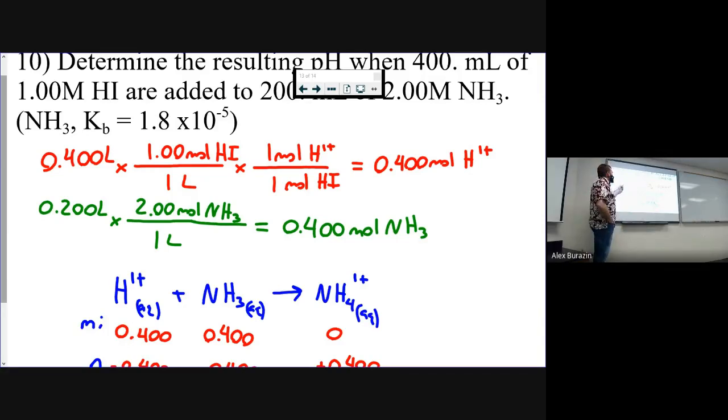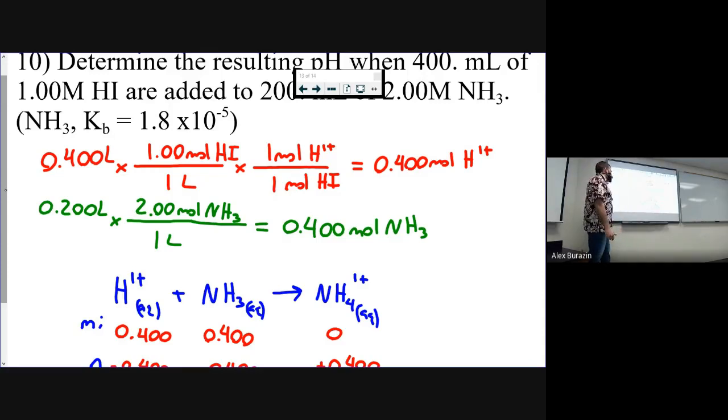Because our acid is strong, we would like to solve for moles of H+. Because our base is weak, we can just solve for moles of whatever it is. I have a volume of each, I have a molarity of each, and I'm going to convert all of this into moles. When I do that, I realize that I have equal moles strong acid and equal moles weak base.